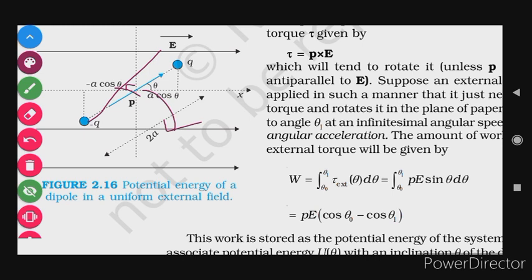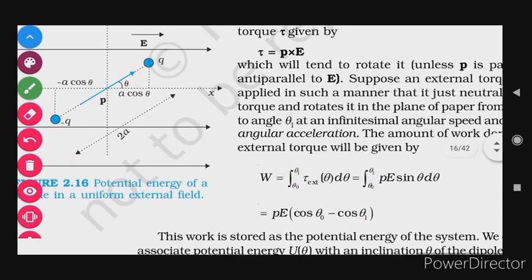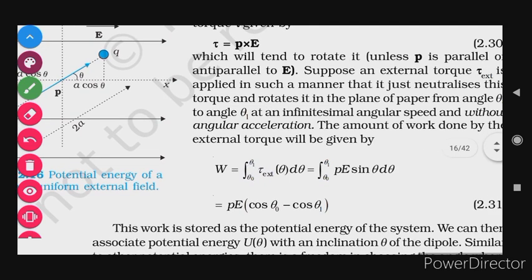This torque acts in such a way that the angular speed with which we rotate the dipole is very small, an infinitesimal angular speed, so that there is no angular acceleration.